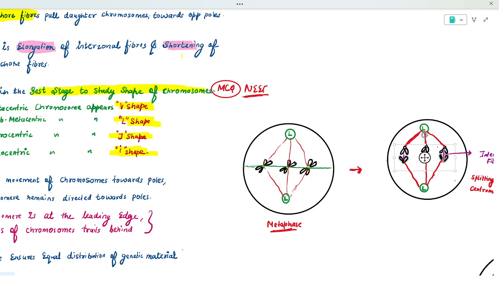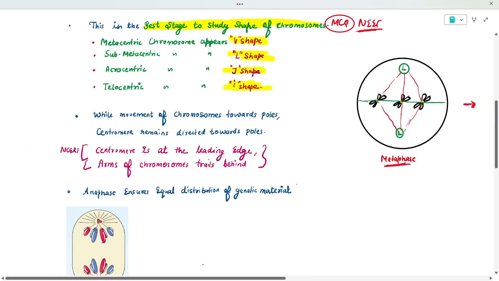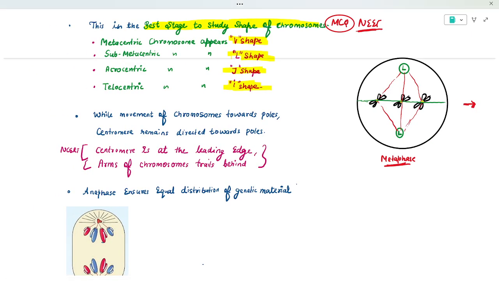So here the positions are just reversed. In metaphase, chromosomal arms were towards the poles, but here chromosomal arms are towards the equator, whereas the centromere is shifting towards the poles, and centromeres reach the poles first. So NCERT writes that the centromere is at the leading edge. Who is reaching first towards the poles? Who is leading? The centromere.